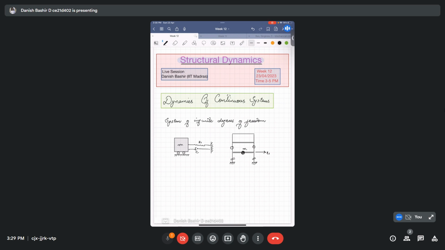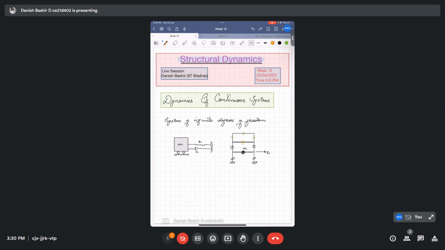Then the mass of this column, let me show a different one, the mass of this column and this above floor system, I told you this whole mass is lumped at another point here, M2, and we define another degree of freedom, X2, there.